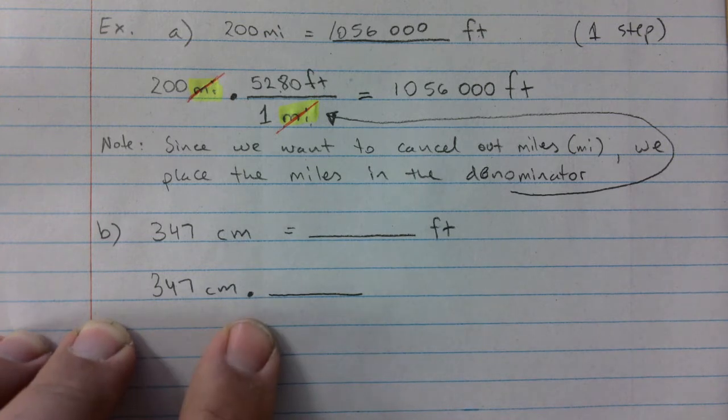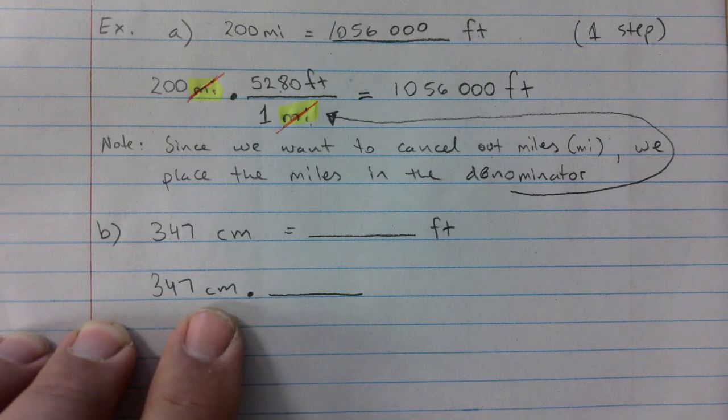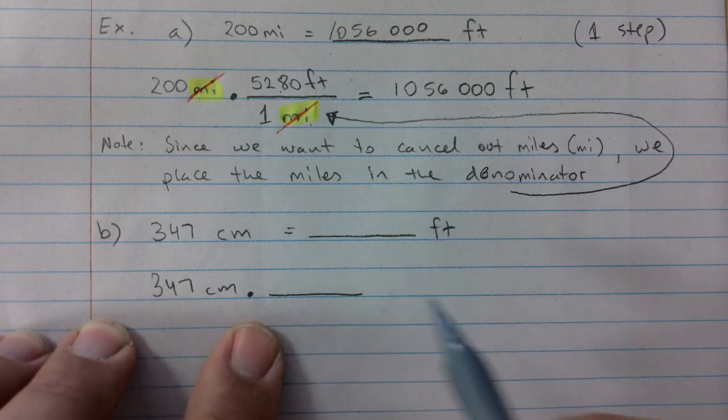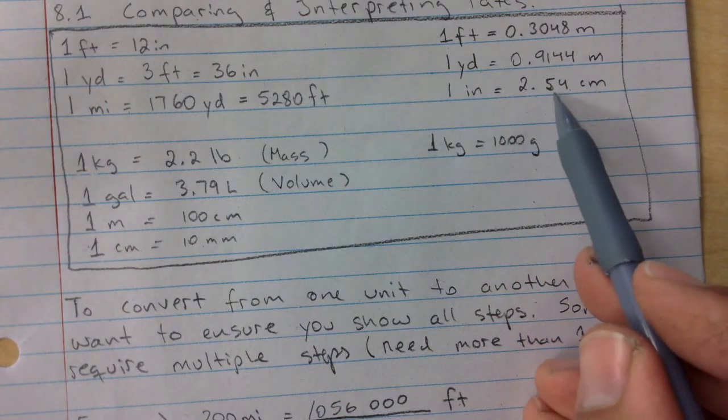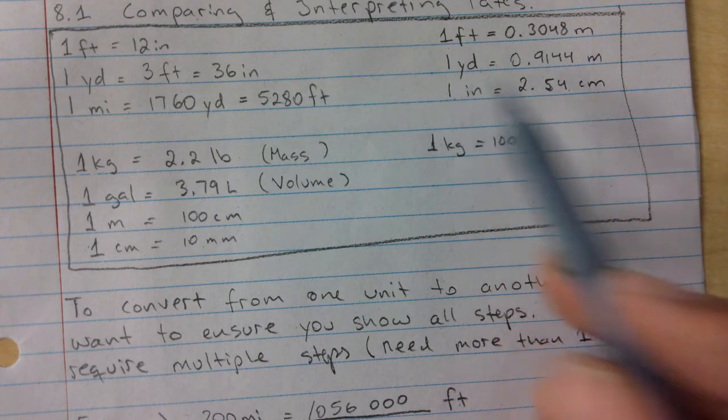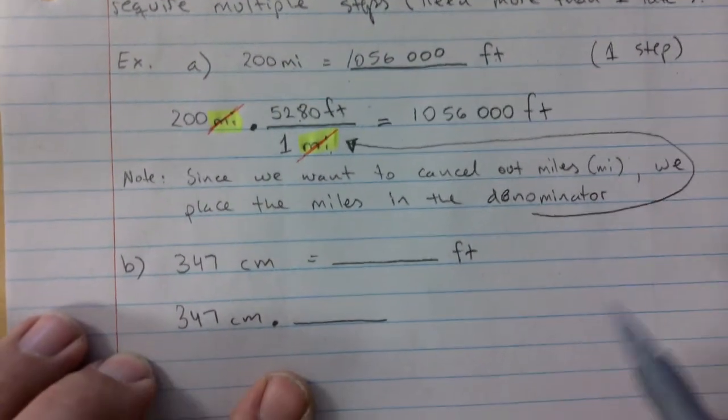Okay, 347. There's a couple different ways you can do this one, and the order in which you do them doesn't matter as long as it's correct. So if I go up here, I see that I have inches and centimeters. So that's going to be my first step.